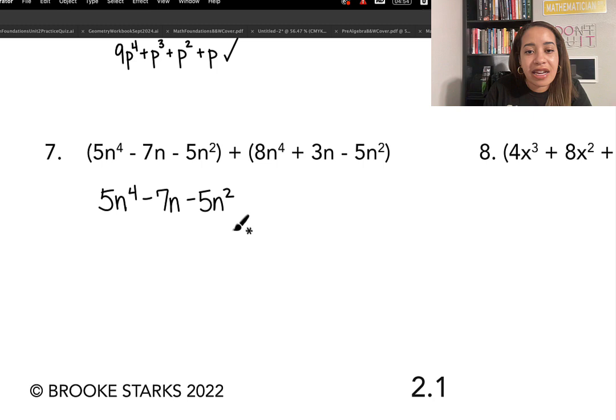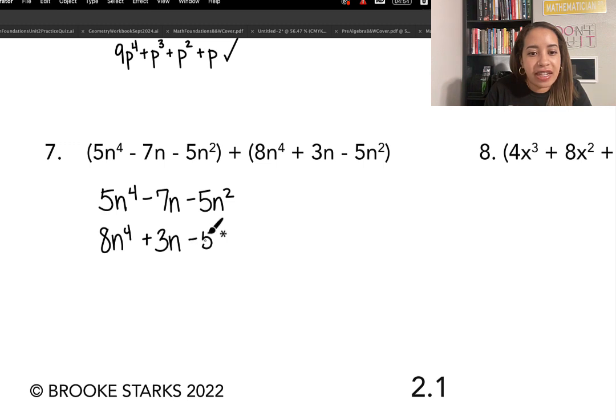I'm going to stack up the pieces that look alike. 8n to the fourth power matches with 5n to the fourth power. Our positive 3n matches with our negative 7n. And our negative 5n squared matches with our other negative 5n squared.